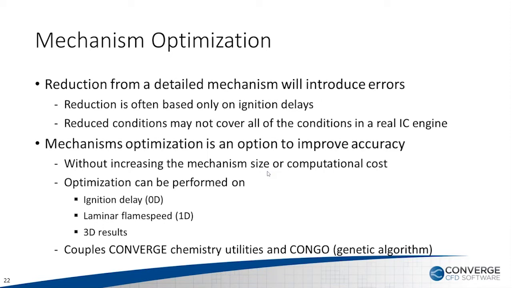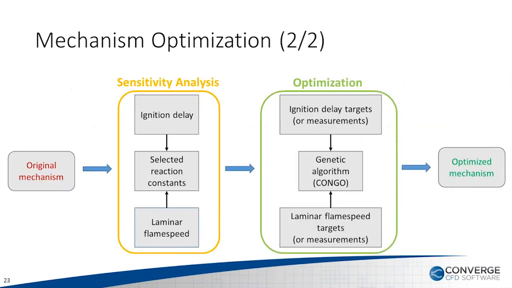Then you can simply use your 3D results, or the kind of results you're expecting from the 3D simulation, as the target to optimize your mechanism. So in CONVERGE, we achieve optimization by using the 0D and 1D utilities and CONGO. CONGO is basically a genetic algorithm solver.